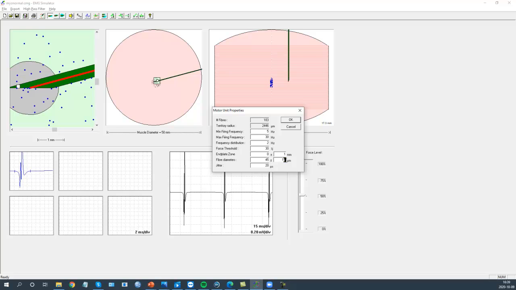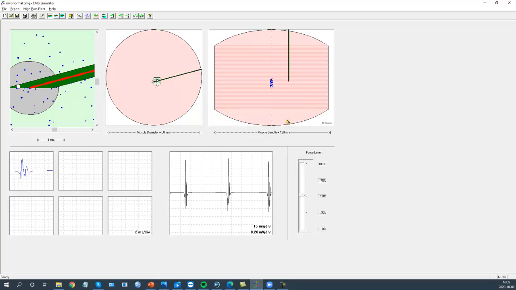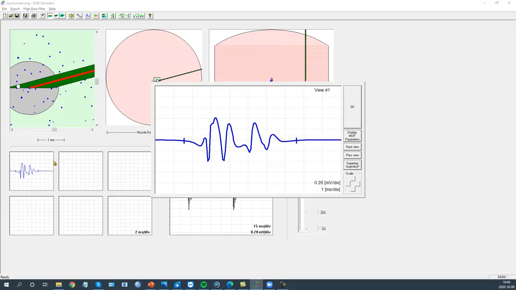Conduction velocity along muscle fibers is related to the fiber diameter. And here I make the change, and you see immediately that we get extra phases. So it is very easy to produce these extra phases just by changing fiber diameters. And this is particularly obvious when we record at some distance from the motor end plate zone.